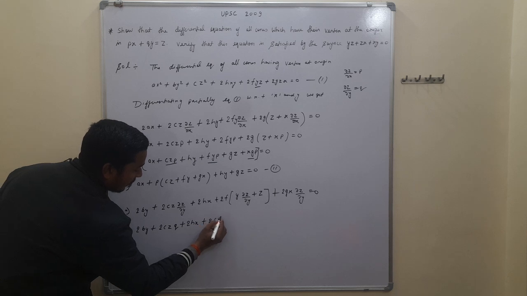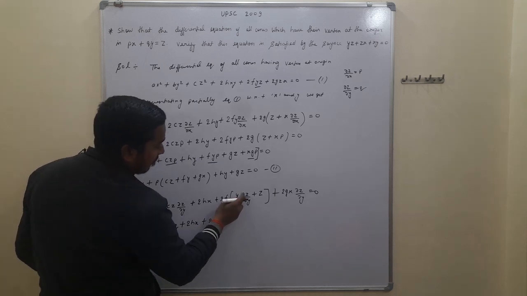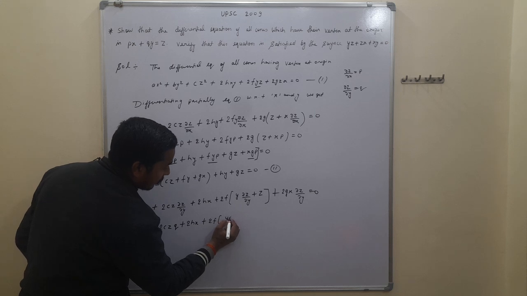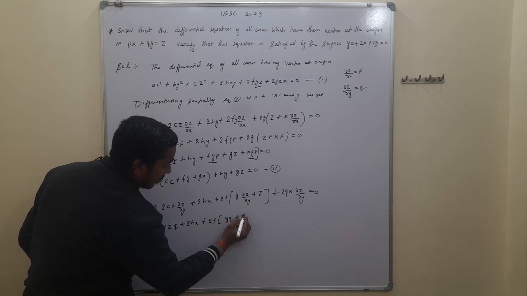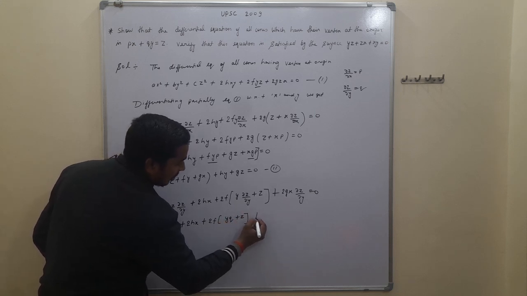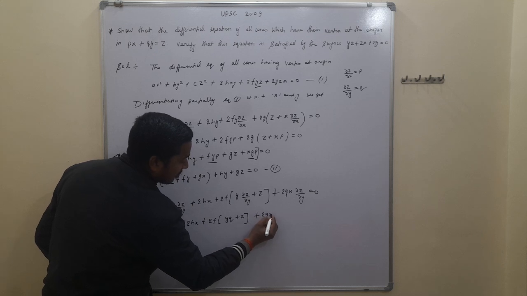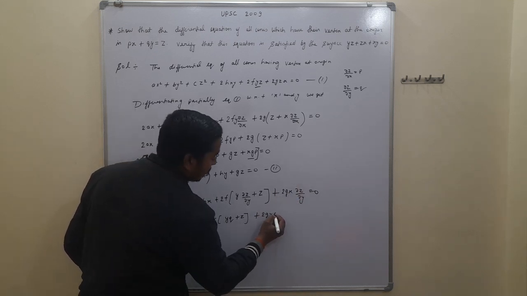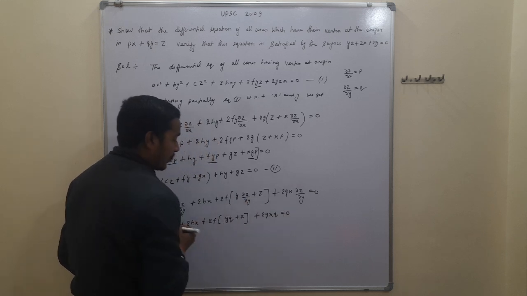and plus 2hx and plus 2f bracket, here in place of del z upon del y we have to put q, and plus z, and plus 2gx, in place of del z upon del y we put q, equal to 0.